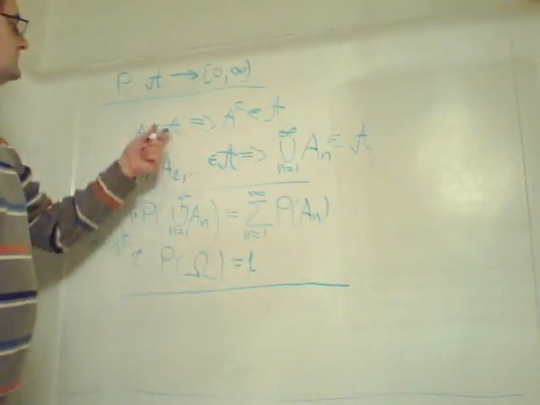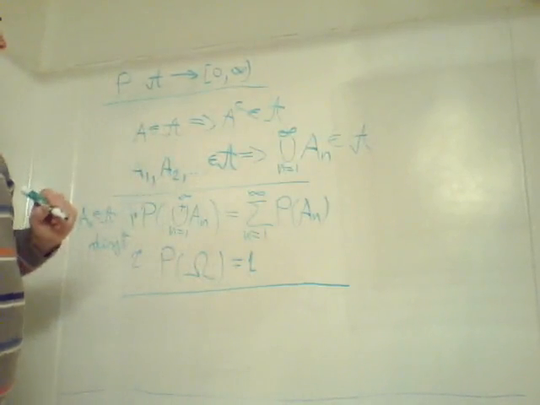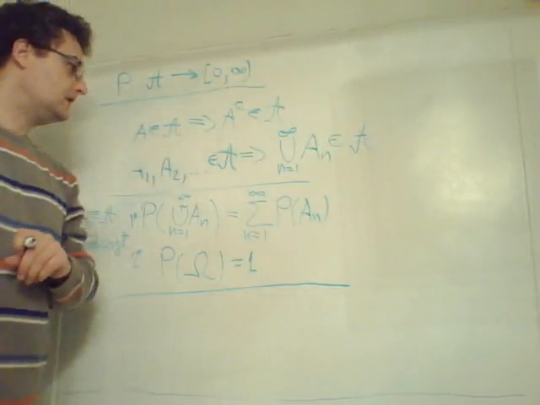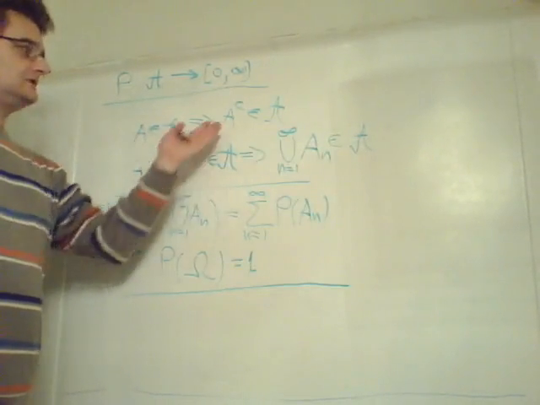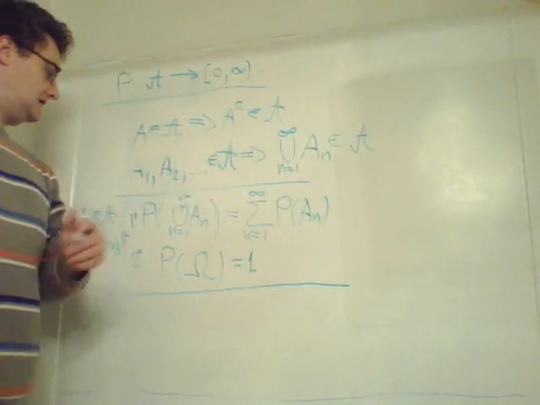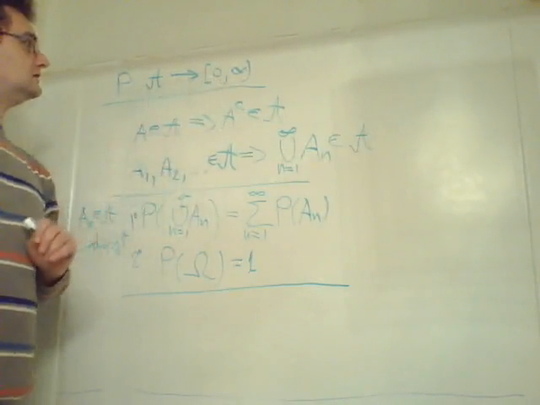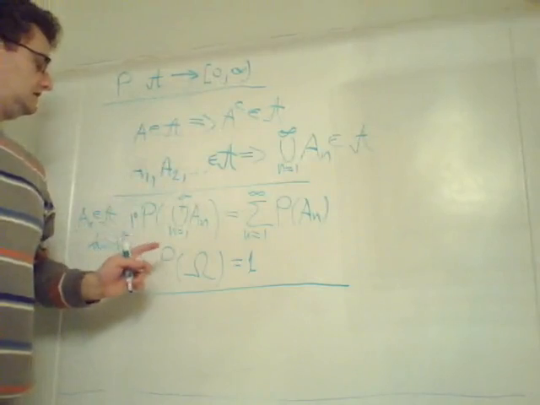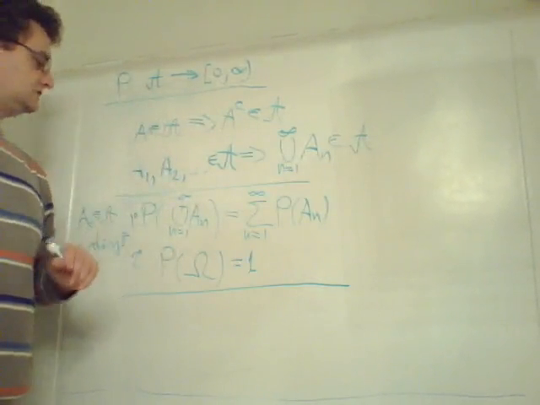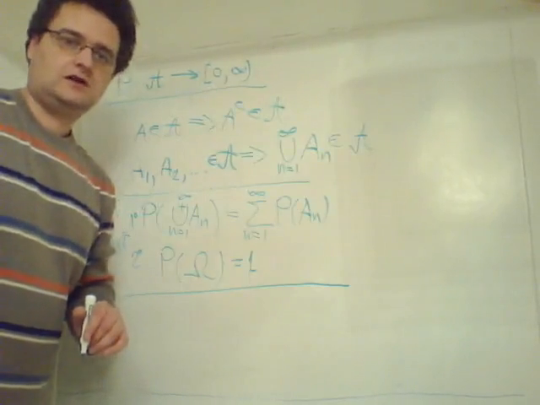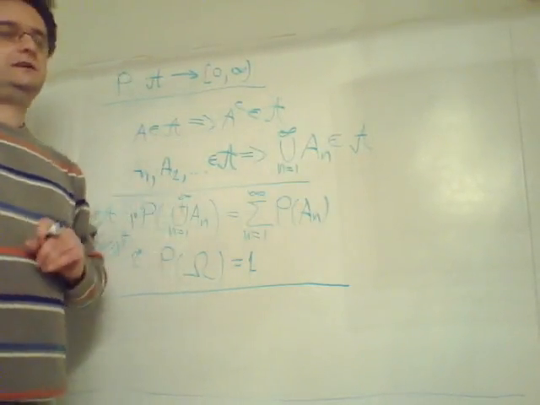Alright, so this domain of function P is called sigma algebra, as long as it satisfies these properties, and the P, the non-negative real valued set function defined on sigma algebra, is called probability if it satisfies these two requirements. So that's what we had recently.